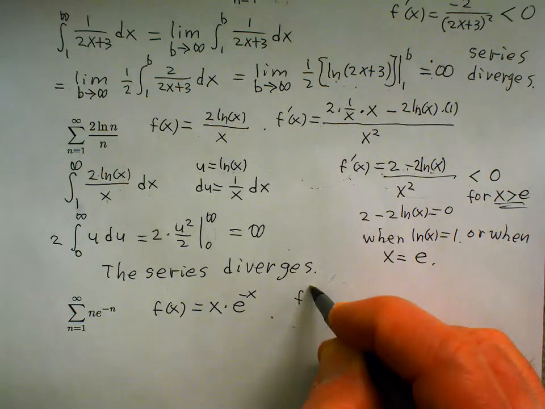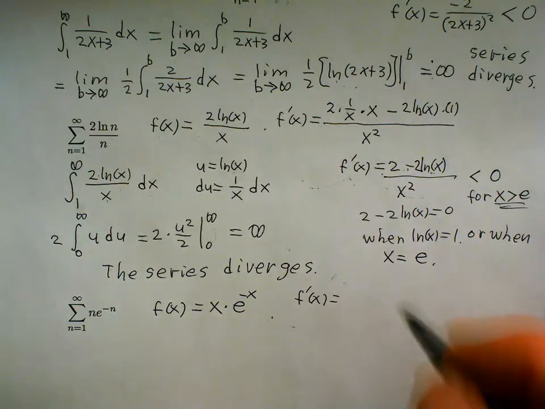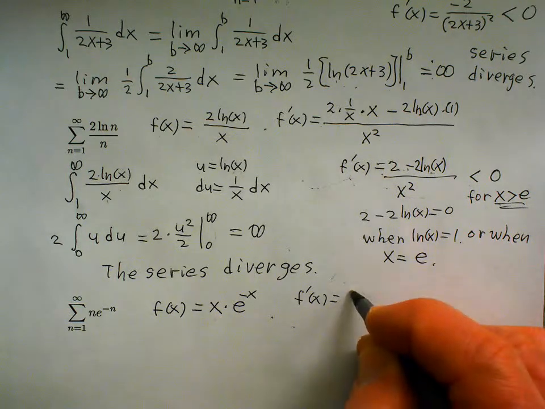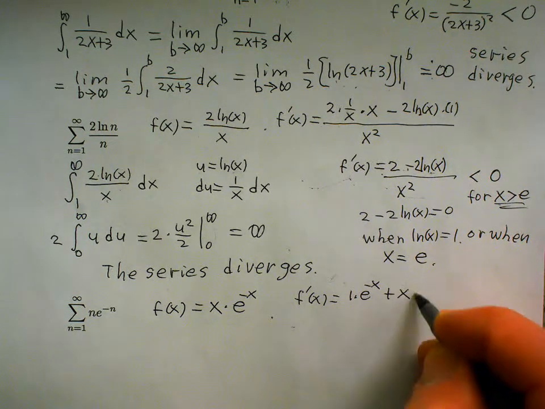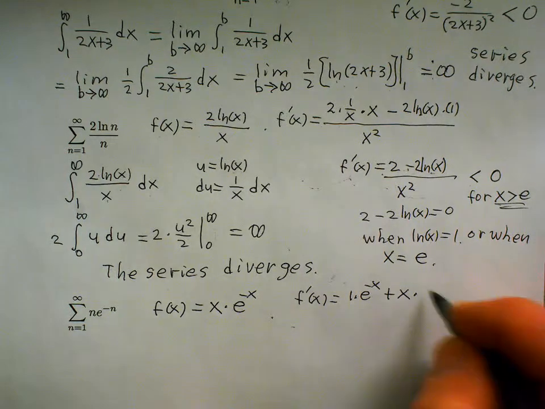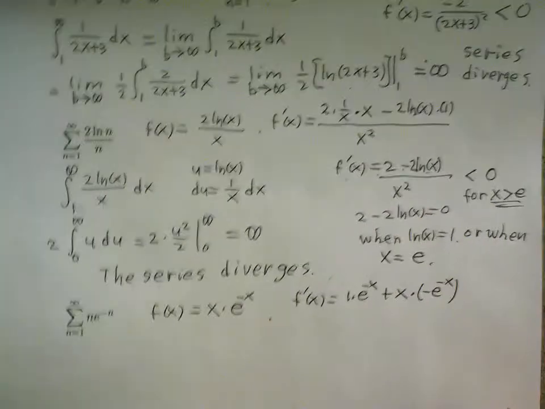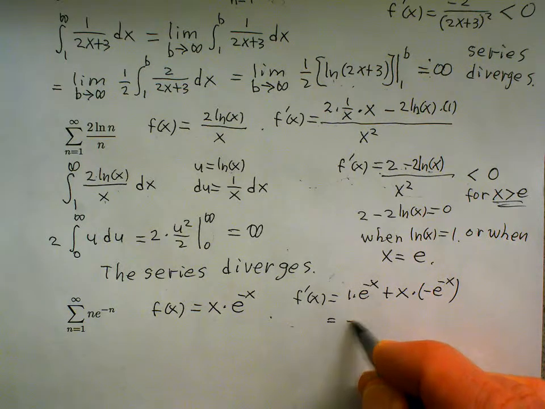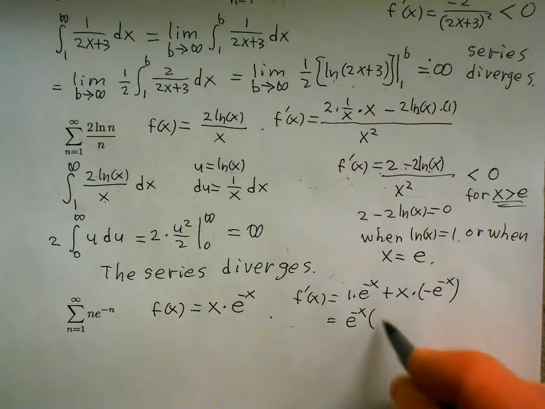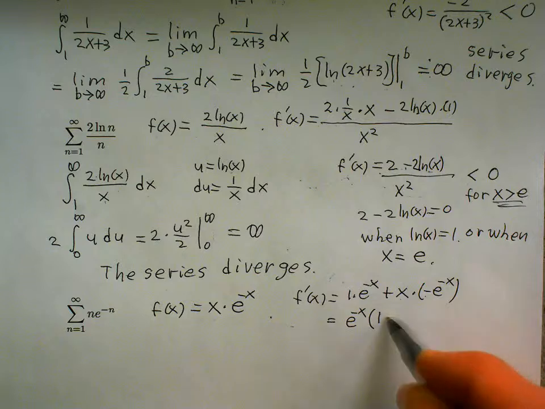So let's compute the derivative, f prime of x, using the product rule. The derivative of x with respect to x is 1. So 1 times e to the negative x plus x times the derivative of e to the negative x, which is negative e to the negative x. And we can factor e to the negative x out. And we have 1 plus x times negative 1, or just 1 minus x.